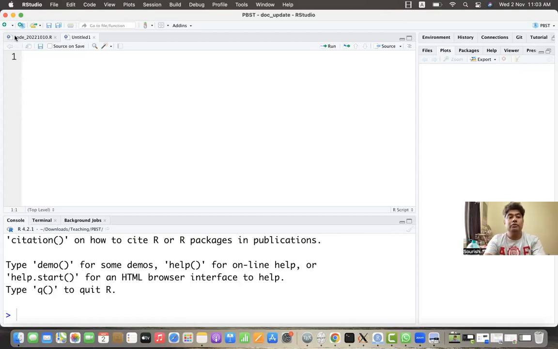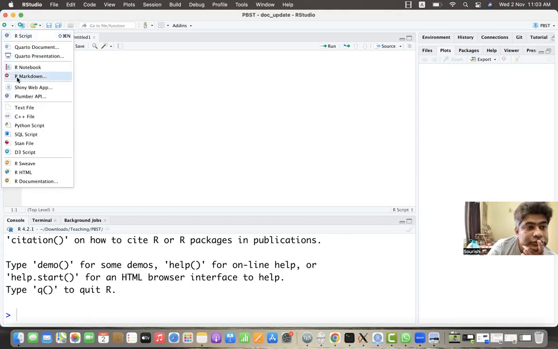All right, so let me create a markdown file.